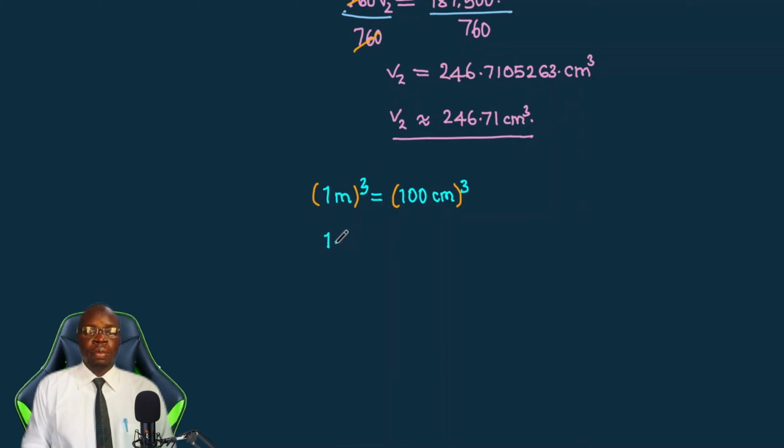So m cube will also be here. So here, when you cube 100, it's like multiplying 100 times 100 times 100, and the two zeros will be doubled up and becomes 3 zeros, and we have here 1 million. Also, centimeter, if you cube it, we get cubic centimeter. So here we have 1 million.